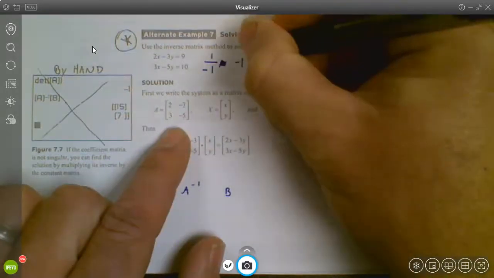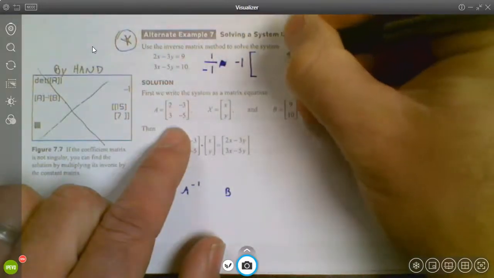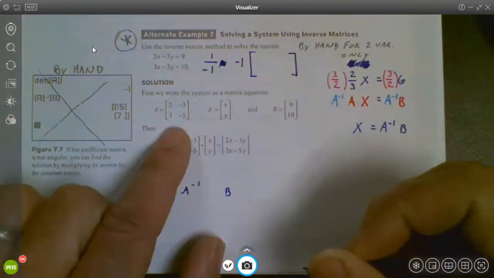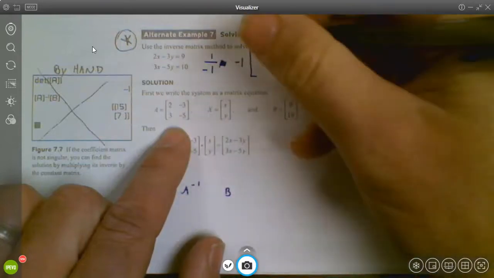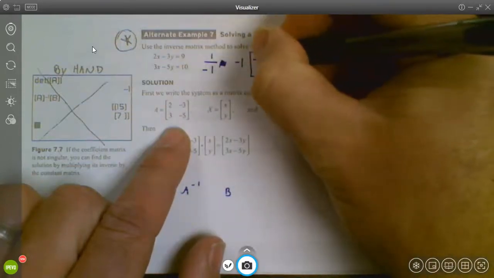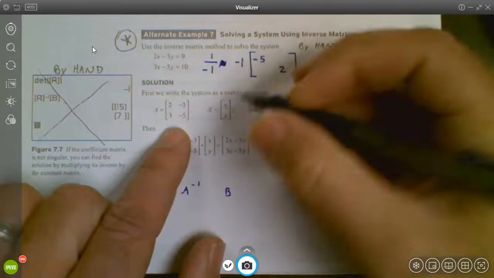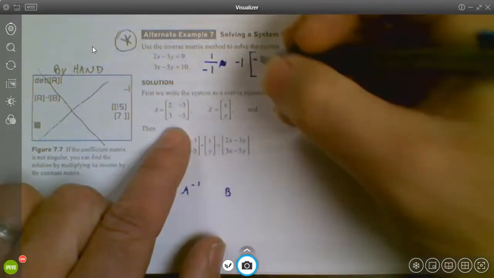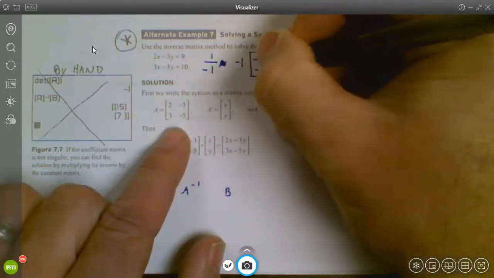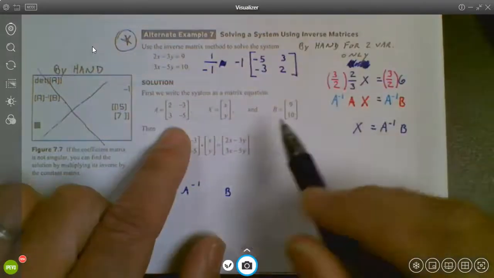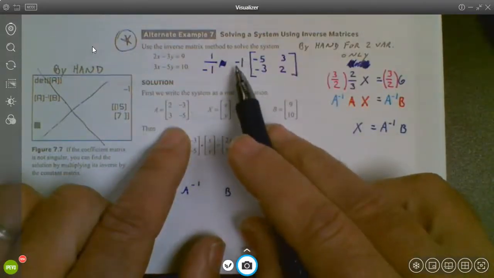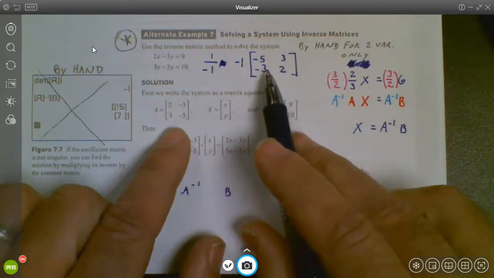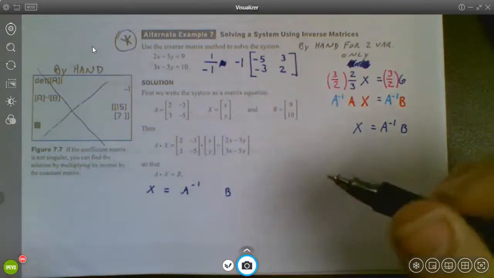And remember, we multiply that by that sort of altered matrix where the 2 and the -5 trade places. The 3 and the -3 change signs. So if I distribute this -1, I have my inverse. And that's what's going to go right here.